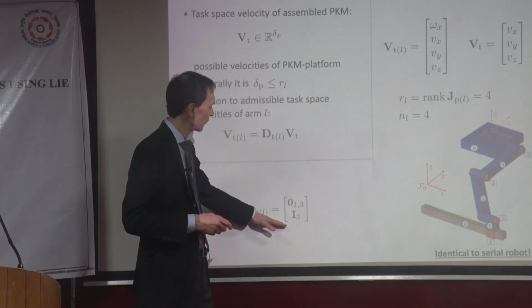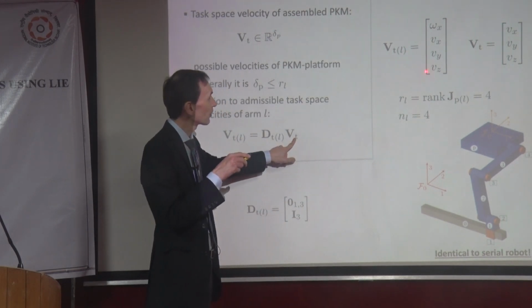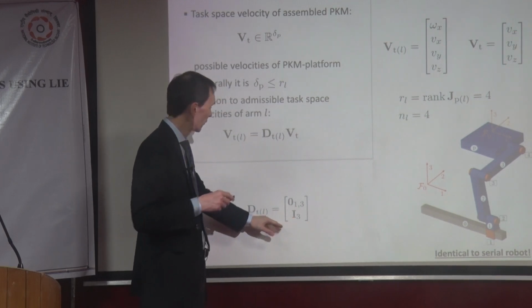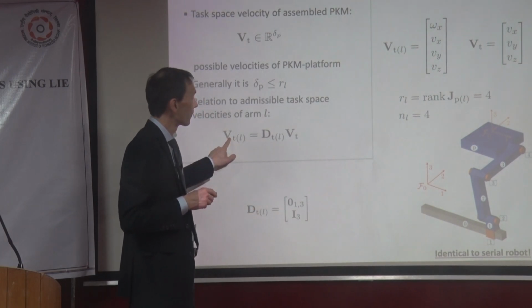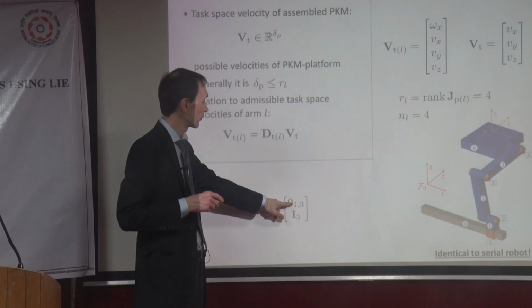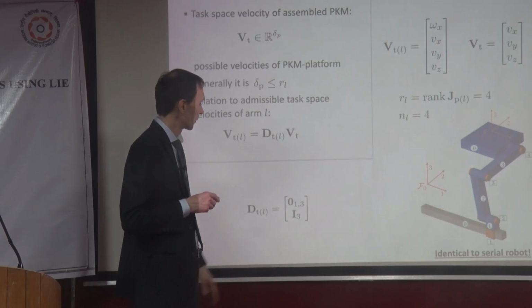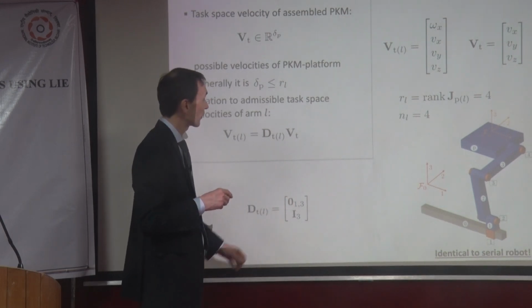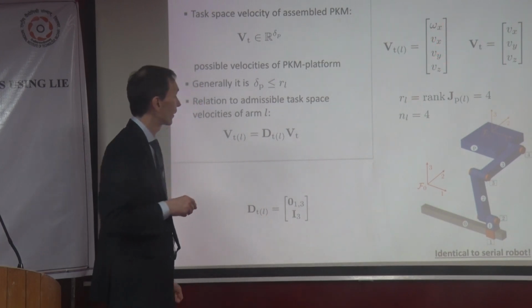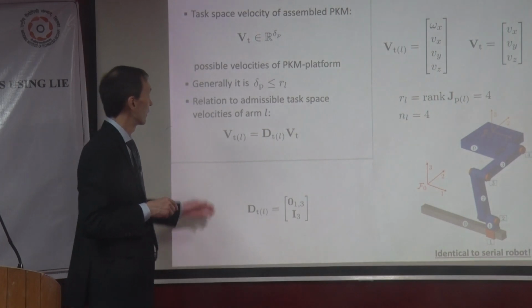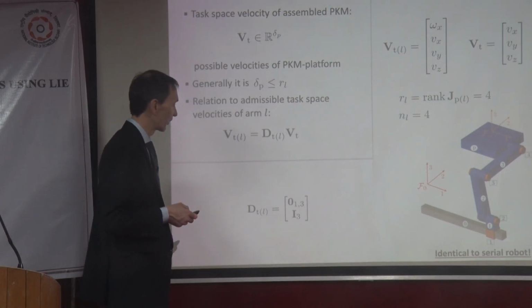So essentially it takes your task velocity and puts it into the last 3 components in this VT, and then it multiplies whatever comes out of here with 0. So which means that you have 0, Vx, Vy, and Vz. Okay? And this is the admissible task space velocity in the end.